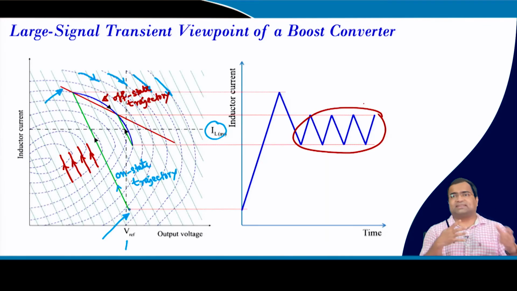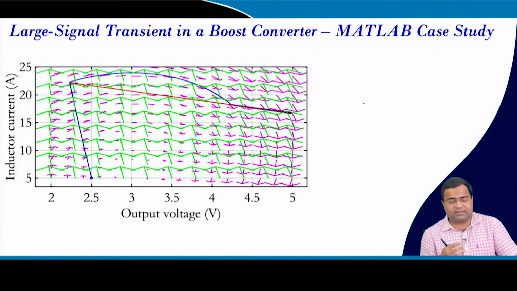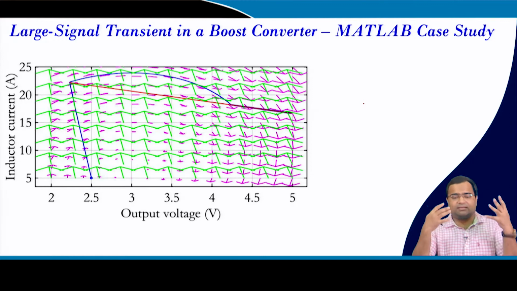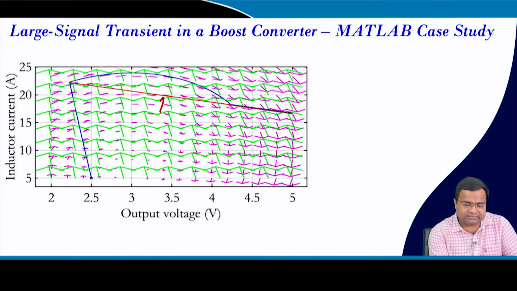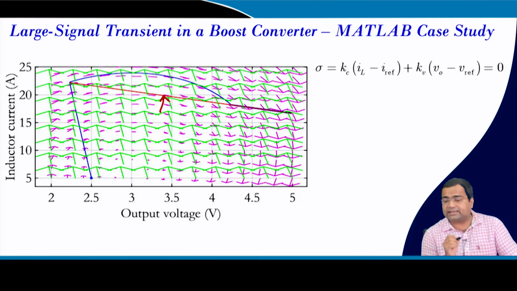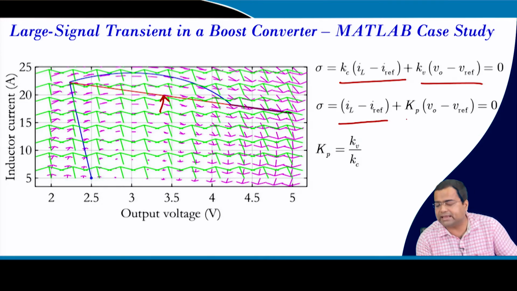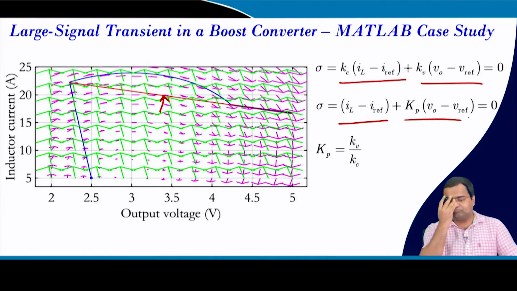But how to get that? So, we want to relate first. The first point, again we are taking this switching surface, and it takes the form of Kc into the current error plus Kv into the voltage error, and since it is equal to 0, we can normalize it in terms of current error plus gain into voltage error equal to 0.